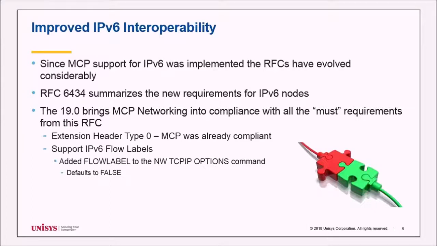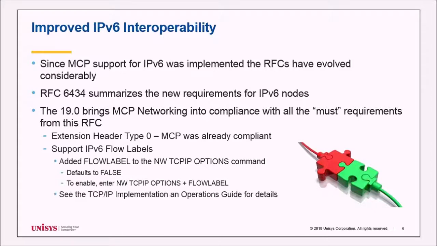It defaults to false, and you can set it to true with the syntax shown here. And you can see the TCP/IP implementation and operations guide for more details on the flow labels option. The other thing required was host to router load sharing, and that has been added in the MCP 19 release.